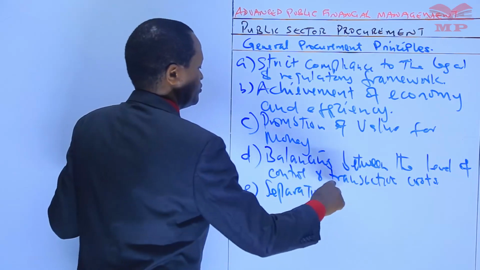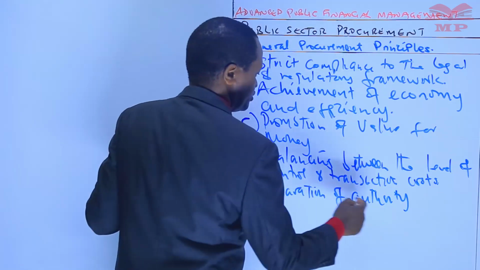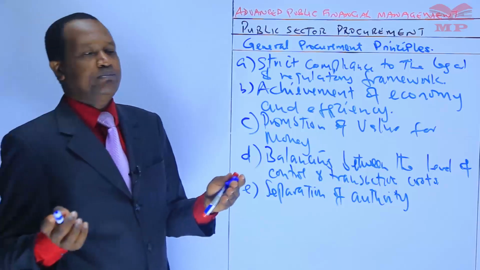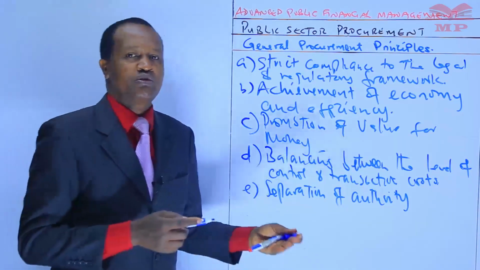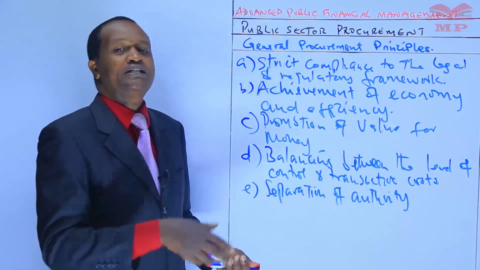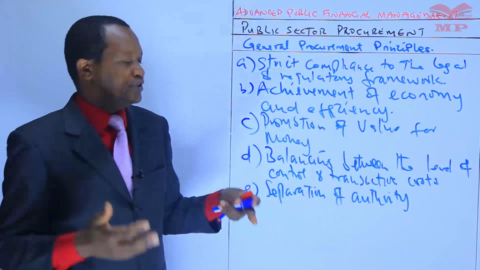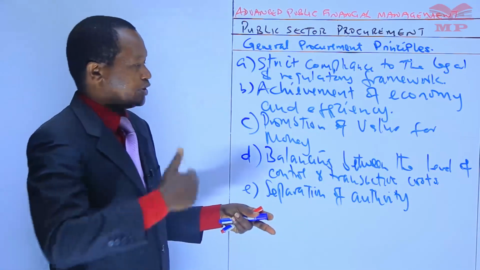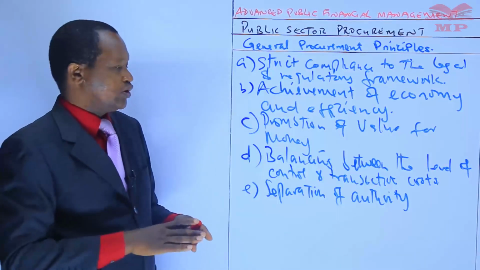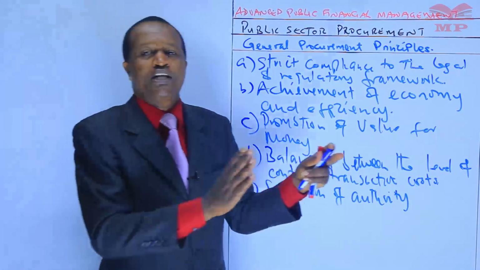Five, separation of authority. Separation of authority between the procurement initiation, vendor selection, commitment, receipt inspection, acceptance of procurement object, and so on. So we know procuring services or goods is a process. So there ought to be separation of authority or duties at each and every level.